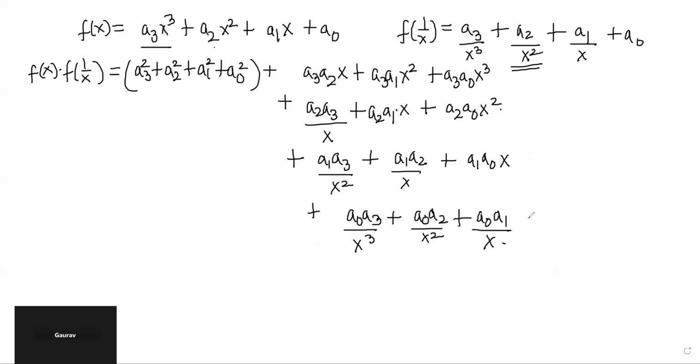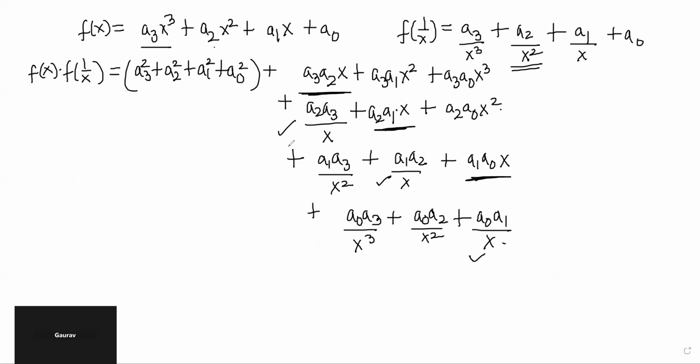So notice the pattern. You are getting x terms from where? From here, from here, from here. These are the x terms, right? a3, a2, and a2, a1, and a1, a0, right? And 1 by x terms will be similarly 3 terms, like this, and like this, right?